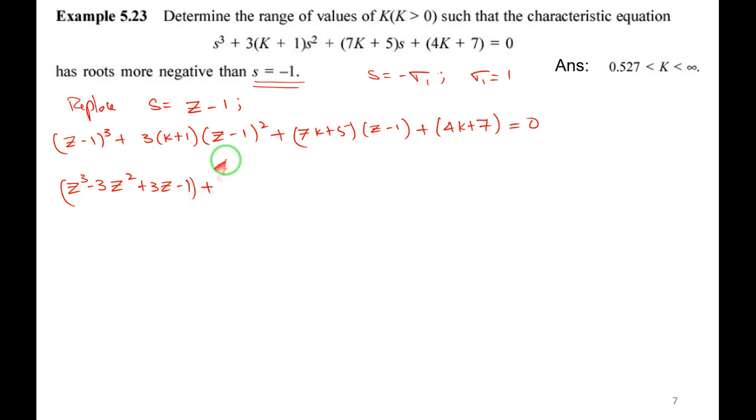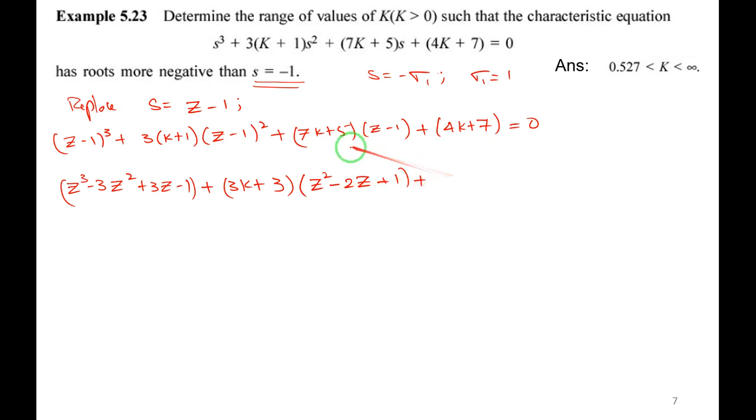Plus, we'll multiply 3 into k plus 1, so 3k plus 3, with this z minus 1 whole square, which is a square plus b square minus 2ab. Minus 2ab means minus 2z, right? I have rearranged, that's all.